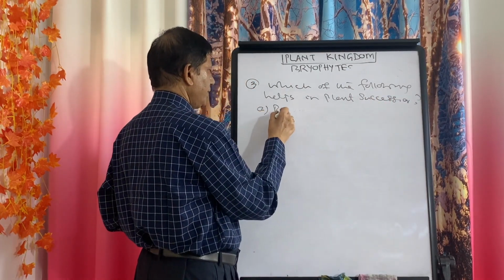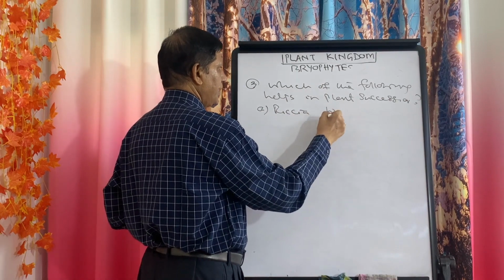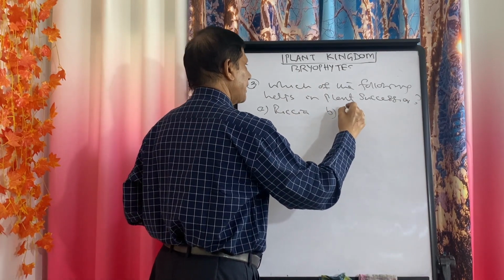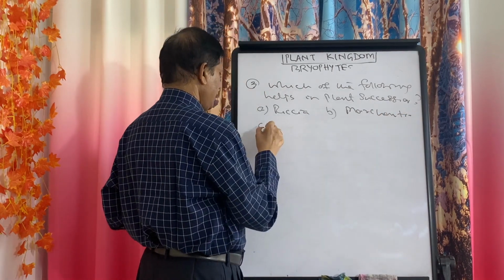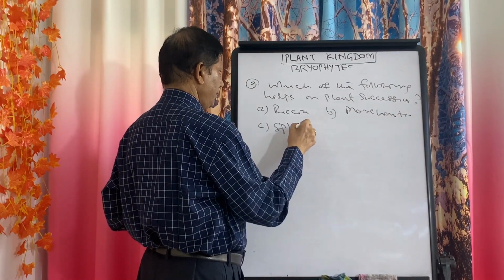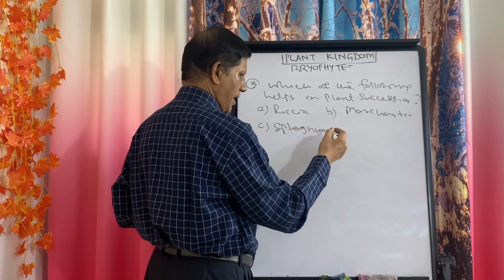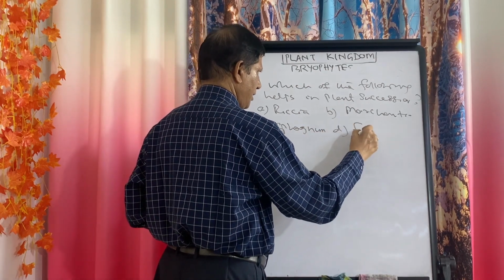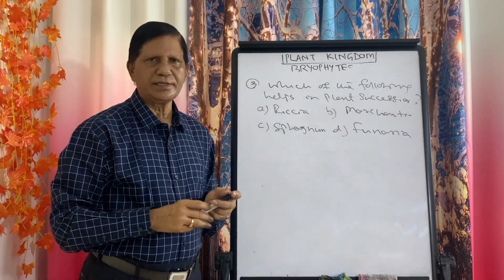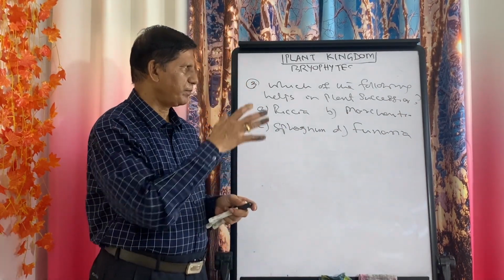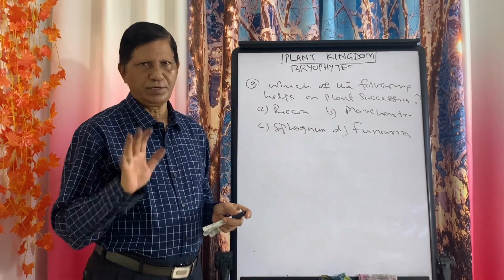A choice Riccia, B choice Marchantia, C choice Sphagnum, and D choice Funaria.